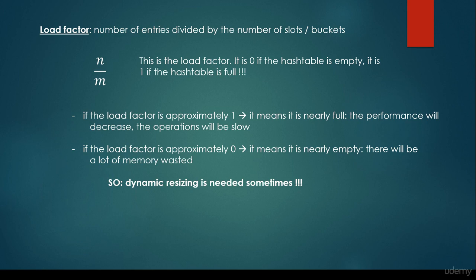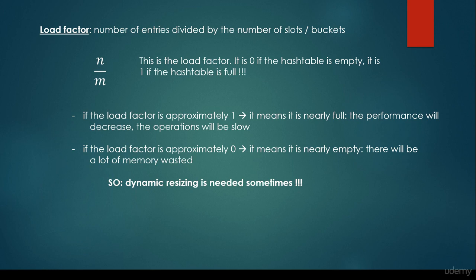And if there's a high probability of collisions, then we have to solve these collisions either with open addressing or with chaining. If we use chaining, then there will be lots of items in the linked list, and the order 1 constant time complexity will be reduced to approximately linear time complexity. If we use, for example, open addressing, then we have to make several rehashings, and that's why the algorithm will be slower. So if the load factor is approximately 1, then the operations will be slower.